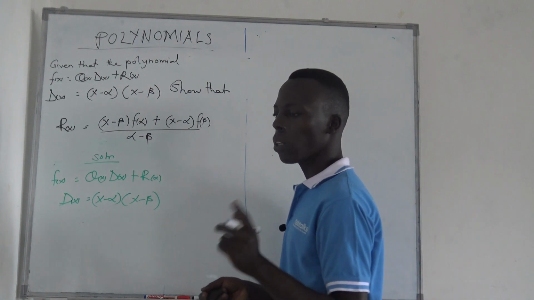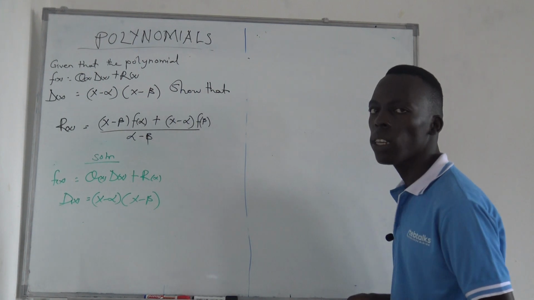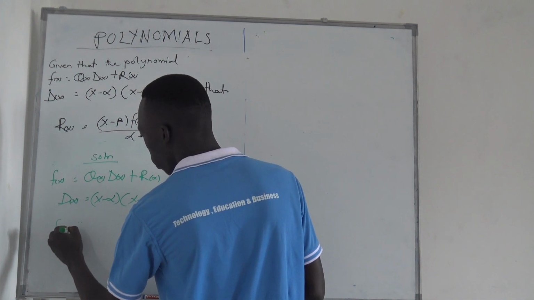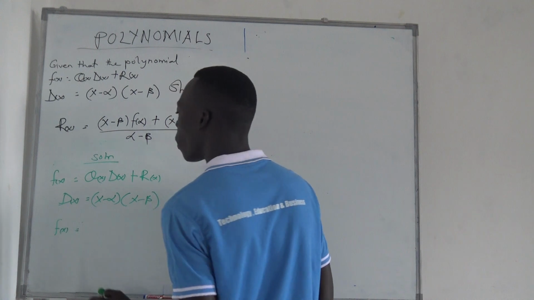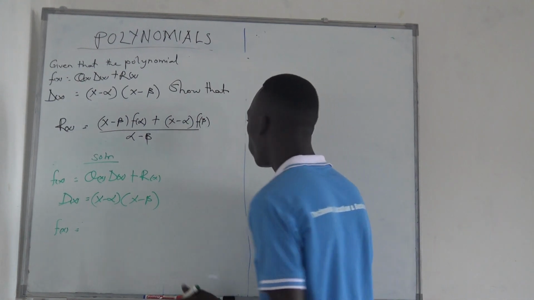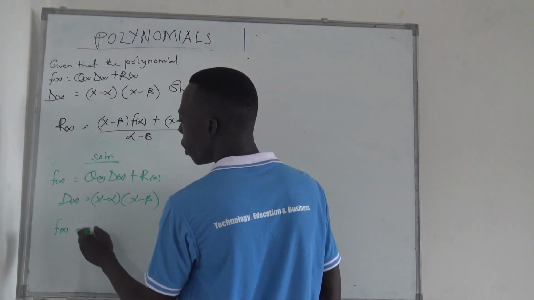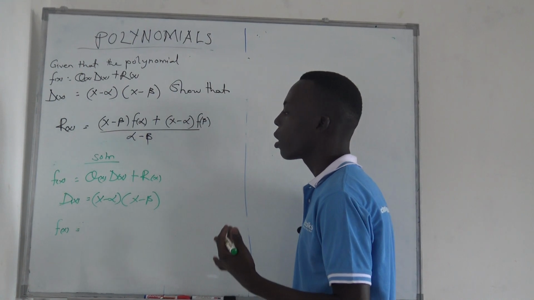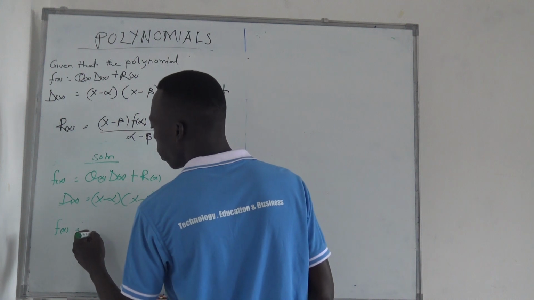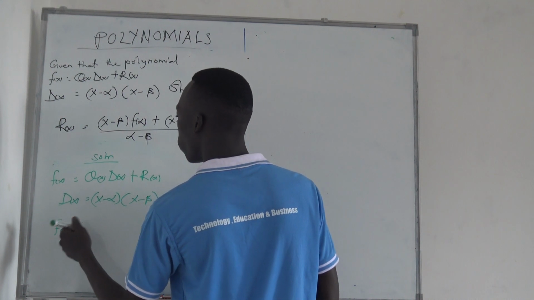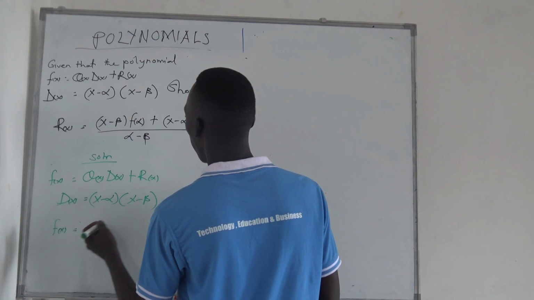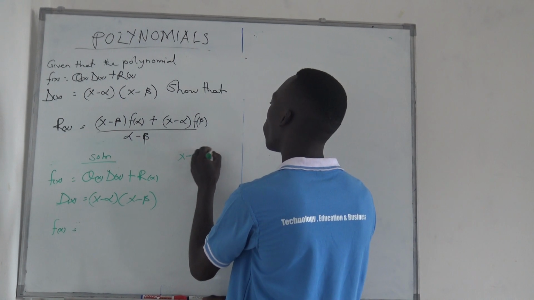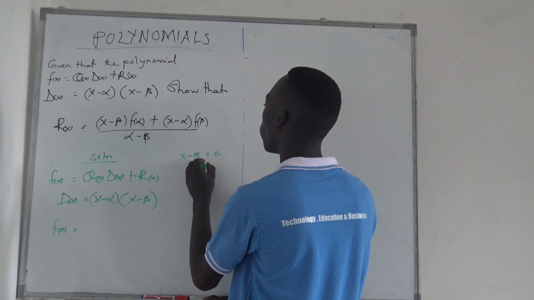And also what we must first know is that when they give you the function f of x, and they say this one has a remainder, when you substitute in this one, assuming x minus m was equal to 0, so we say x is equal to m.